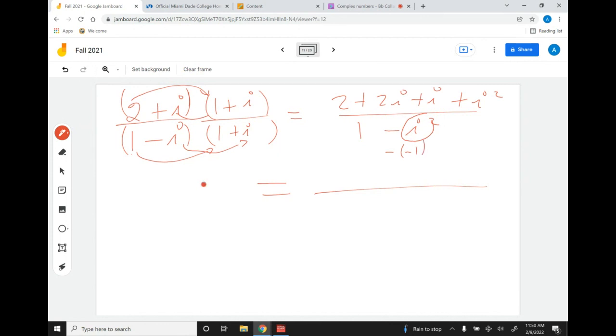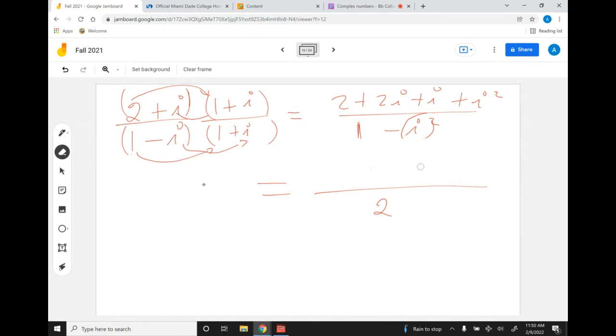Negative times negative is positive, so what you have here is plus 1. So you get a 2 here. So the denominator turns into a 2. In fact, let me do it in slow motion. 1 minus minus 1 becomes 1 plus 1 equals 2. Okay, so that's my denominator.